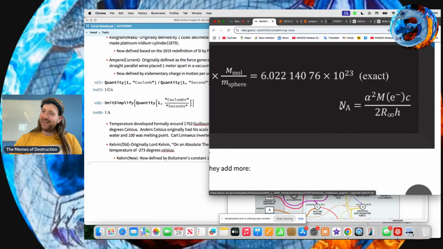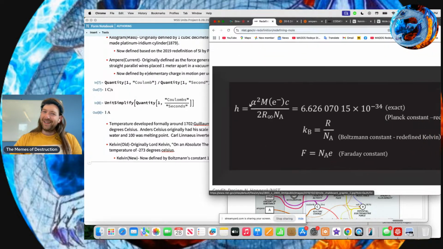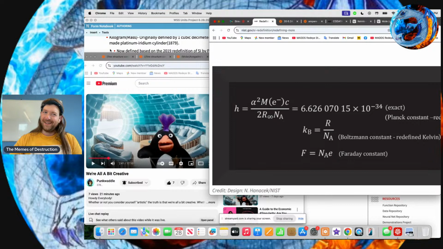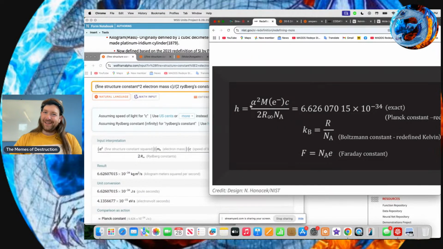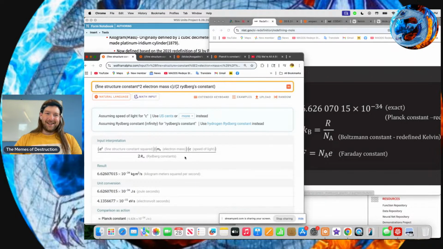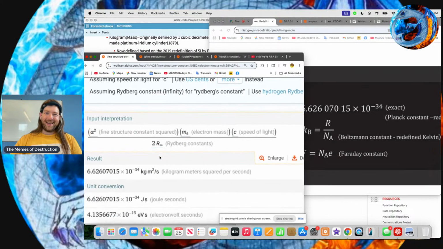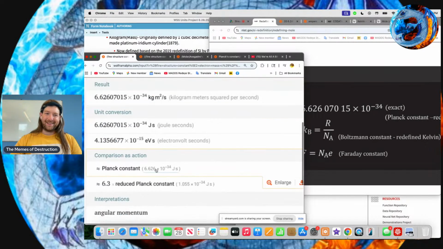I was looking at this because, to be fair, to 1 joule second, I'm like, all right. If you just put all these numbers in, fine structure constant squared, mass of the electron, speed of light, 2 Rydberg's constants, without any of that mole stuff, you do get Planck's constant.